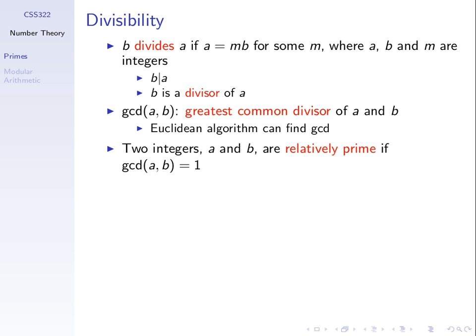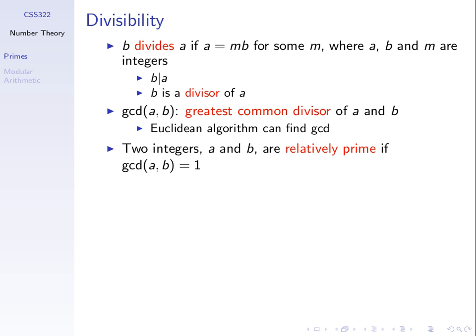So we can talk about one number dividing another. The notation we can use is B vertical bar A. This is very basic mathematics, primary school mathematics, but we'll use this notation sometimes in later definitions. So B is a divisor of A, for example.